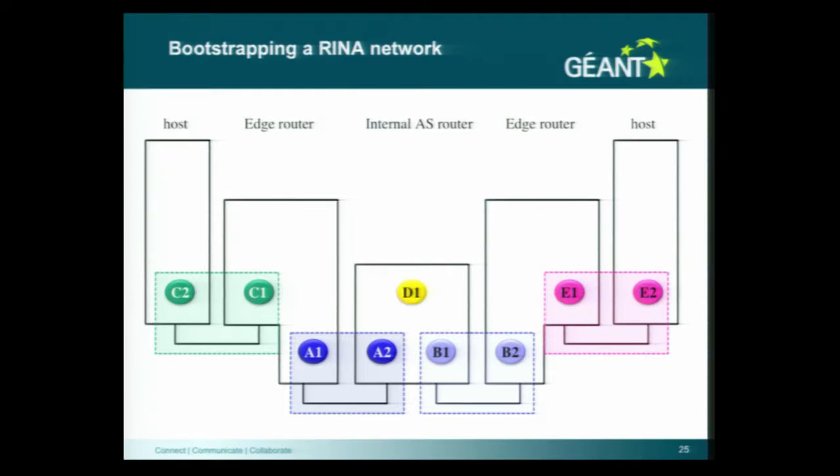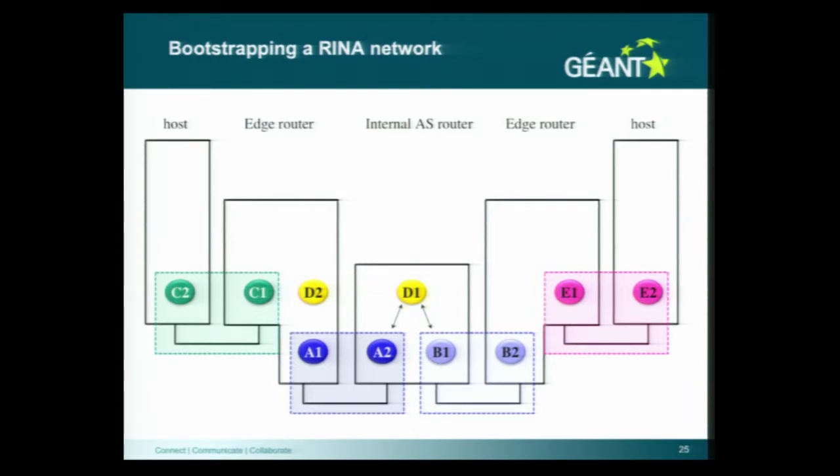But let's say we have a normal IPC process. We start it on the border router, and you register it within the shim DIFs below. So now A2 knows that D1, the process D1, is reachable by A2. If you want to build connectivity between the two edge routers, you would start the IPC process on the other two.